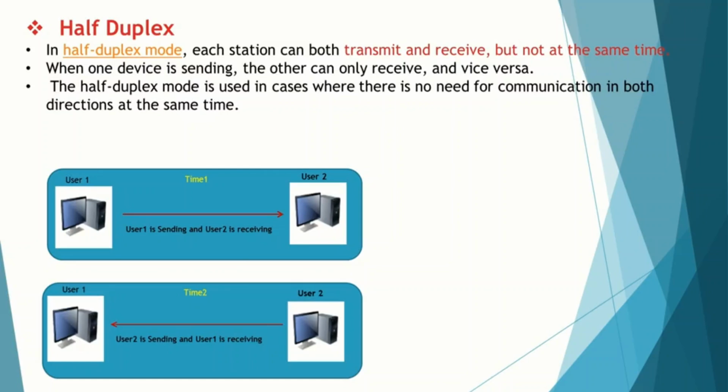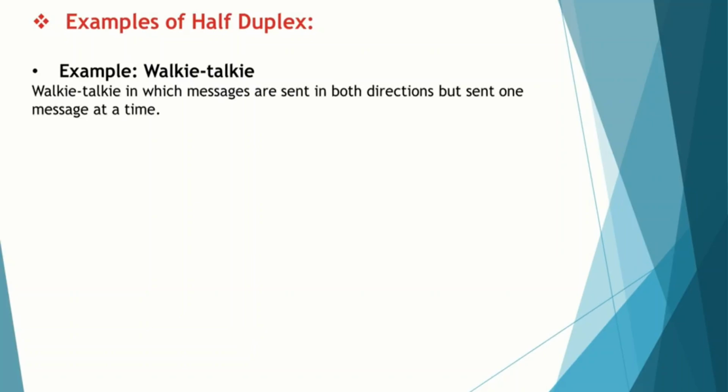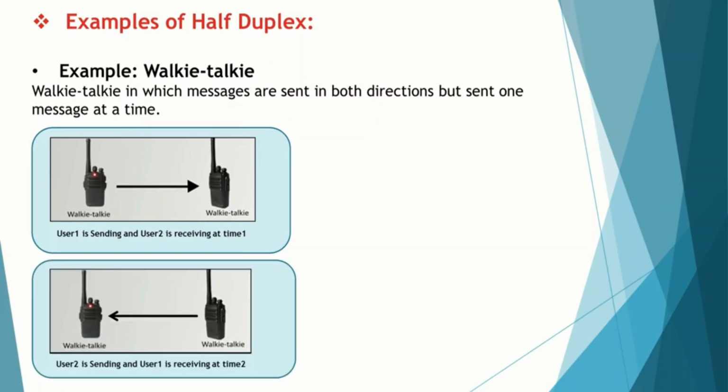Now we will discuss an example of half duplex, and the best example of half duplex is the walkie-talkie. In a walkie-talkie, messages are sent in both directions but one message at a time. Actually, the walkie-talkie is a half duplex device where the push-to-talk button is used to transmit.